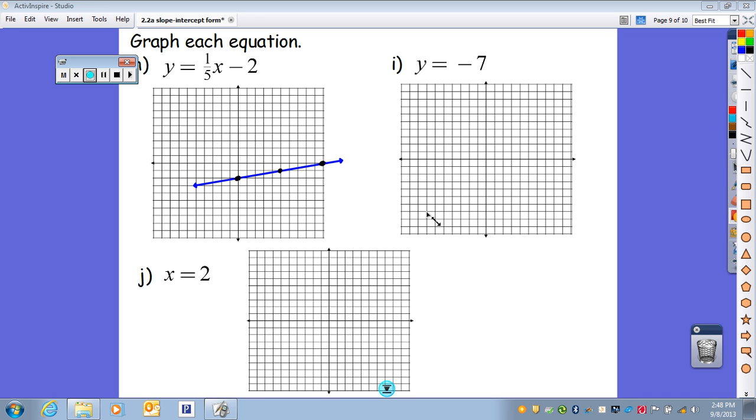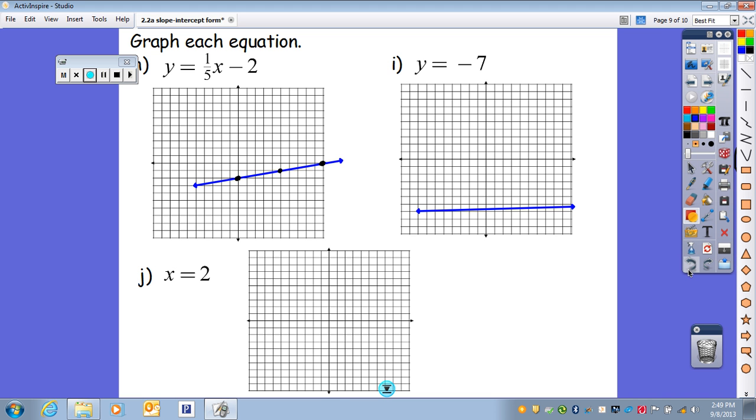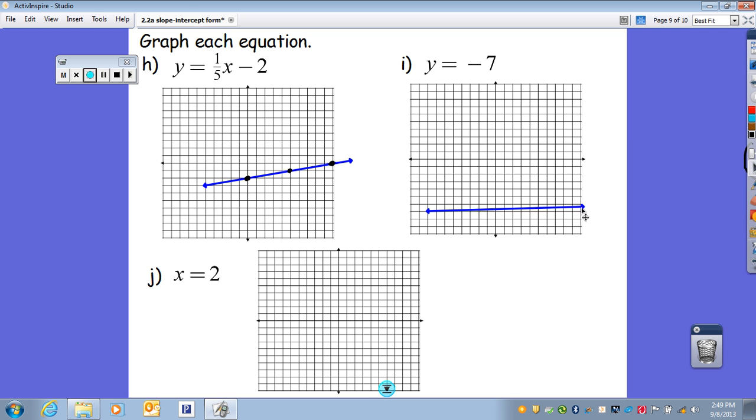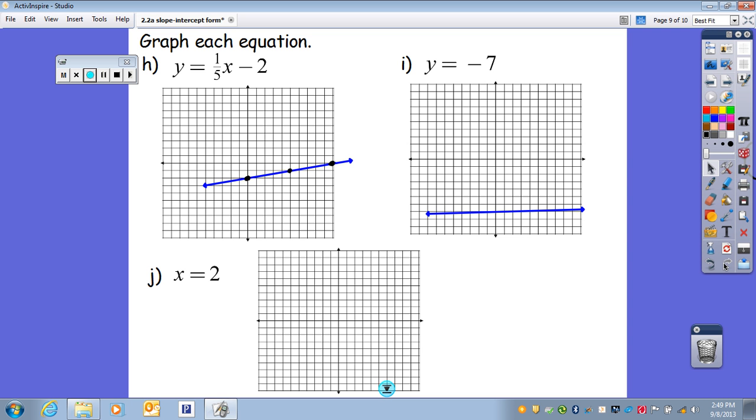And then we're going to draw our horizontal line all the way across at y equal to -7. Sorry, I need to draw that line a little bit straighter, so at -7.